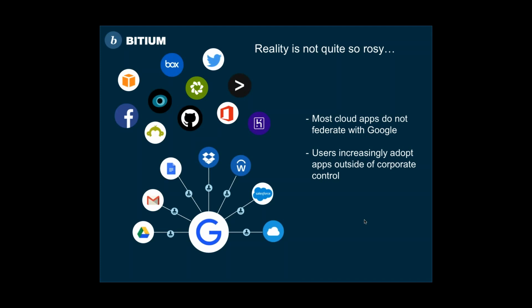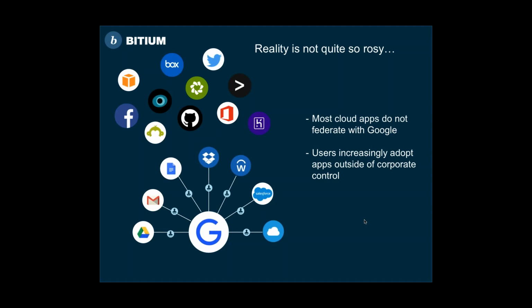So users will decide at a business unit level, I need access to a set of applications to get my job done. Well, guess what? Those users are going to go use those applications to get their job done, regardless of whatever corporate policy is in place, or even thinking about tying that back to your central identity system or to your corporate directory.